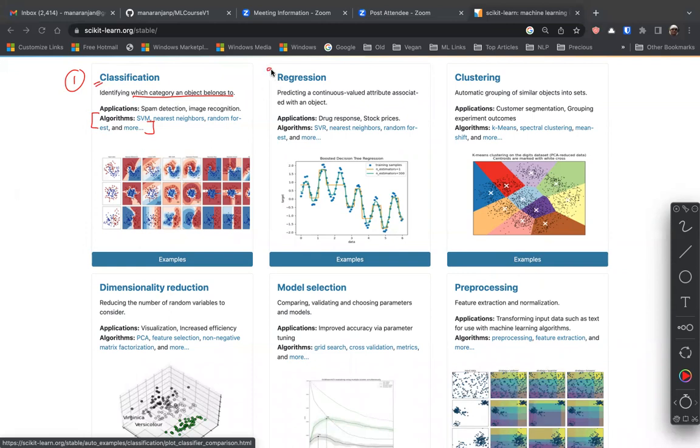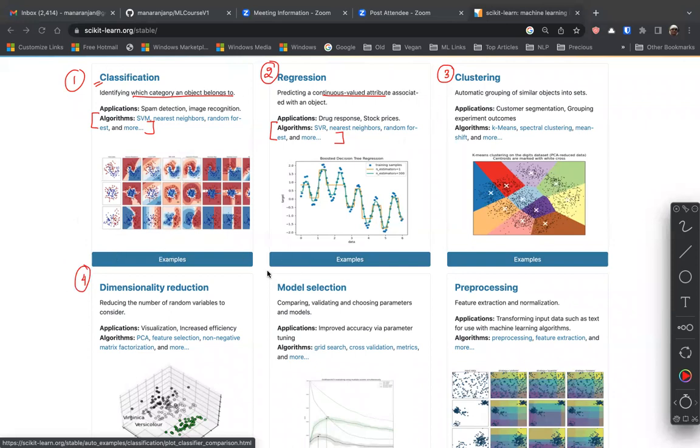Then there is a module which focuses on what? Regression problems, predicting a continuous valued attribute, right? Again, several algorithms can address this problem. Then there is clustering, which is unsupervised, and dimensionality reduction. So four different problem types, four different modules.